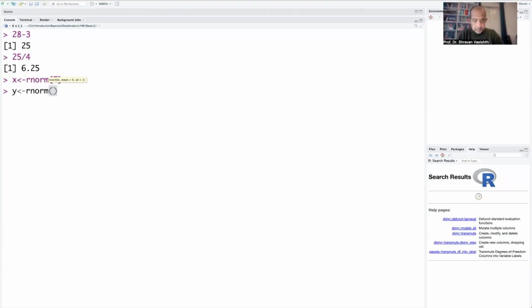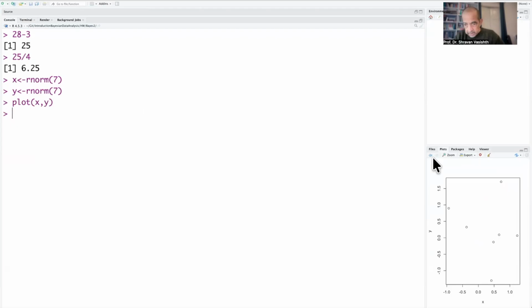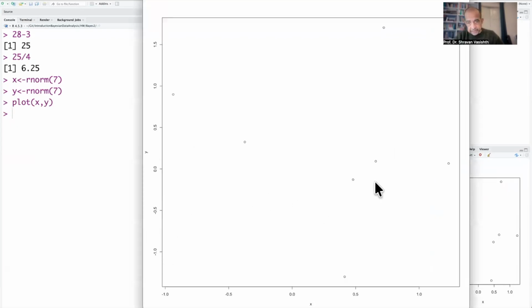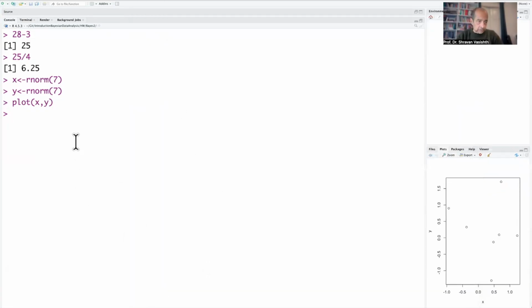And then what one would do is just plot these and try to fit a linear model to these data. Well, 7 maybe is too little, but let's say 10 data points for X and 10 for Y.